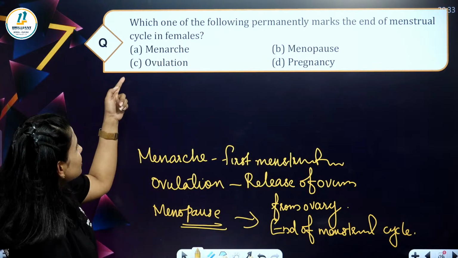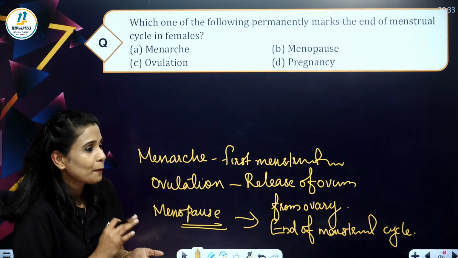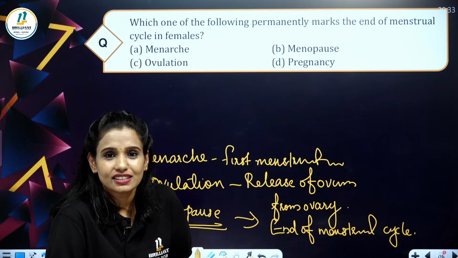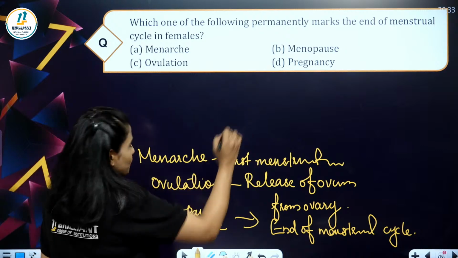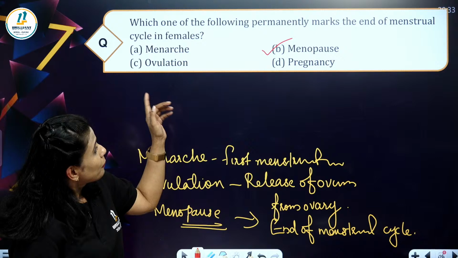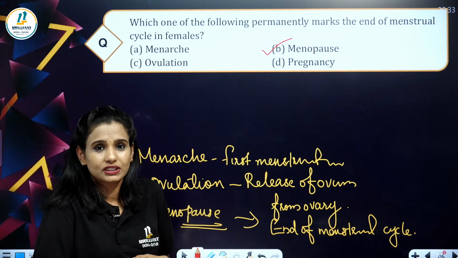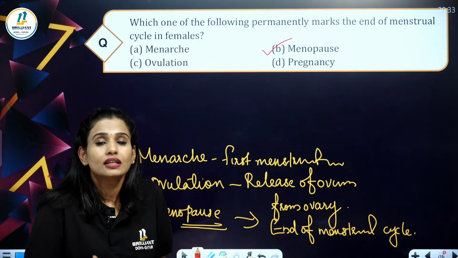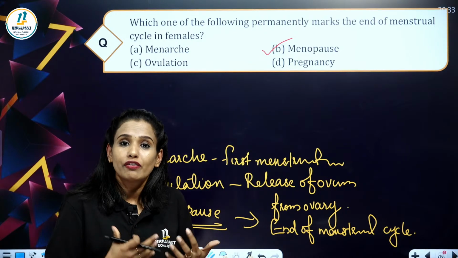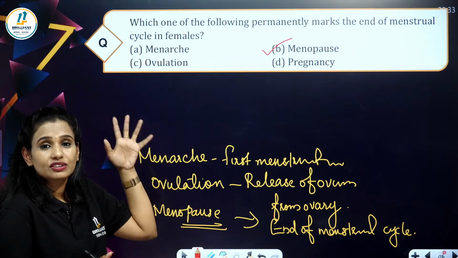So here, which option is correct? Option B is the correct one. Menopause. The one that permanently marks the end of the menstrual cycle is menopause. If the question is which is the first menstruation in a human female, the answer will be menarche.